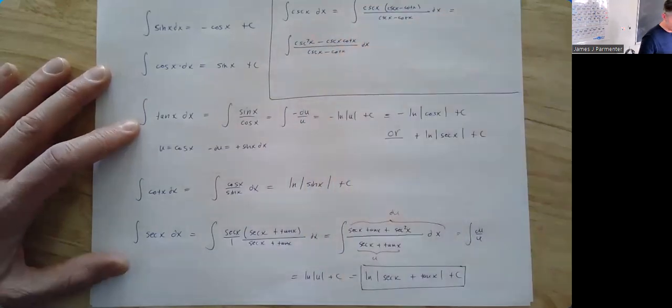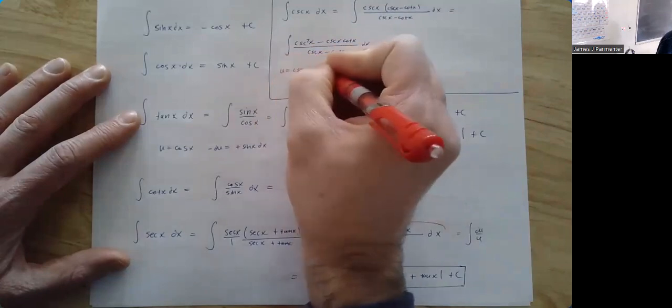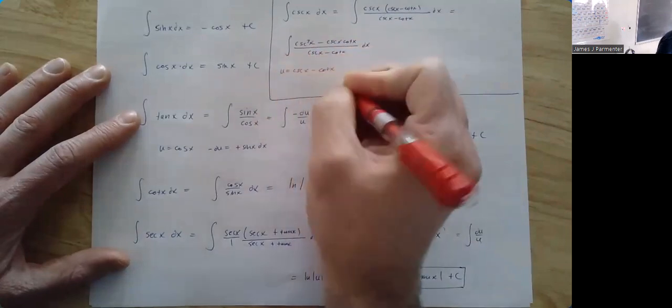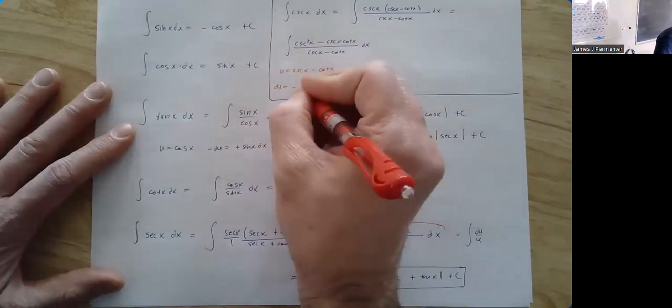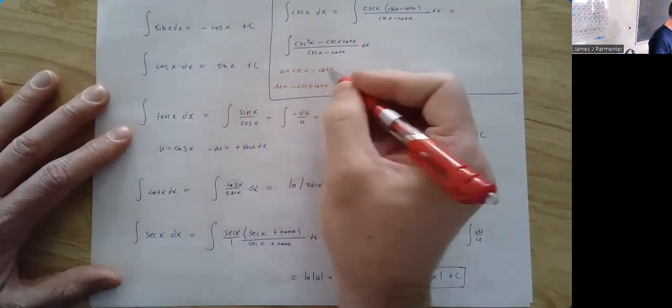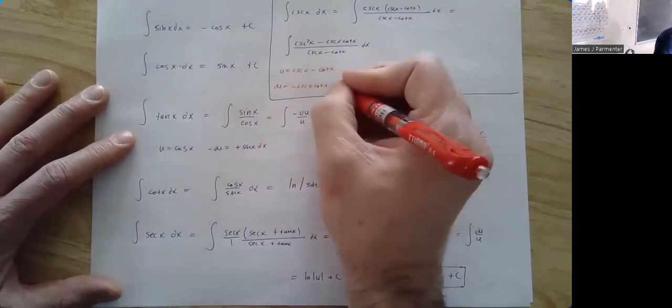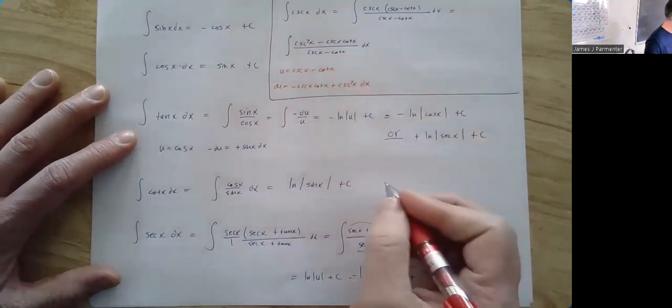So let's see what happens if we let u equal the denominator. So if u is cosecant x minus cotangent x, then my du is, well, let's see, the derivative of cosecant is negative cosecant x times cotangent x, minus the derivative of cotangent, which is negative cosecant squared, so plus cosecant squared x. And yes, I chose correctly because that's exactly the top.